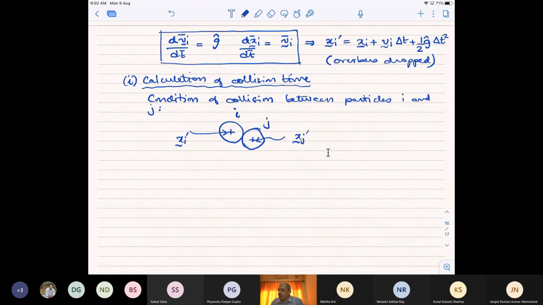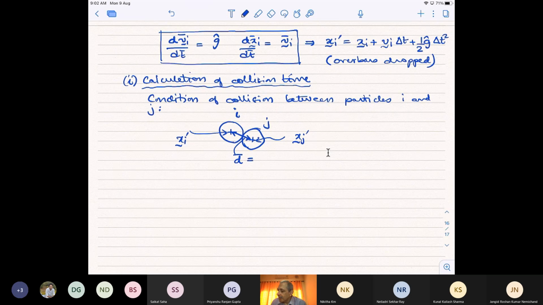Supposing these two particles have collided, what does that mean? That means the center to center distance is just equal to the diameter of the particles. Say they are all equal size. So the distance between centers at the point of collision is just d bar.